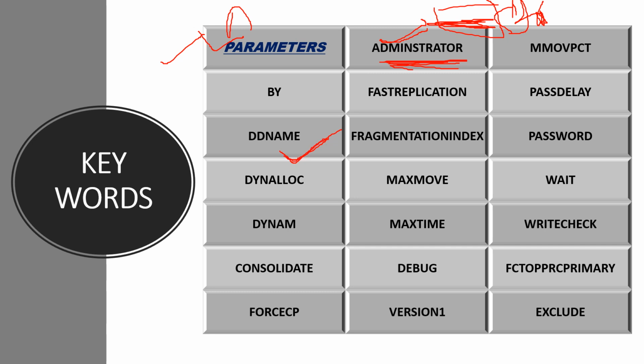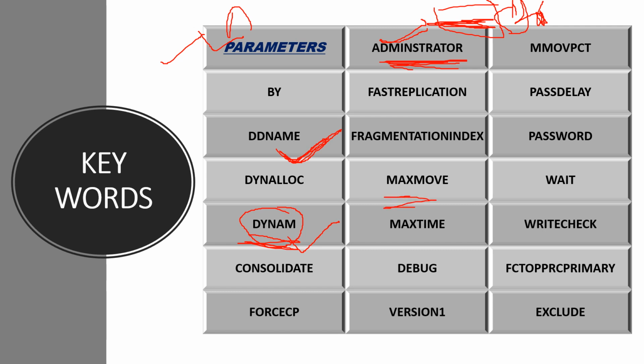You will specify that in one of the DD names, and you will use that name in the defrag. Then that volume will be defragged. And you will use DYNAM. When you use DYNAM, you can directly allocate the volume which you want. Means the volume which you want to defrag, you can say defrag DYNAM and the volume name, and it will be defragged.